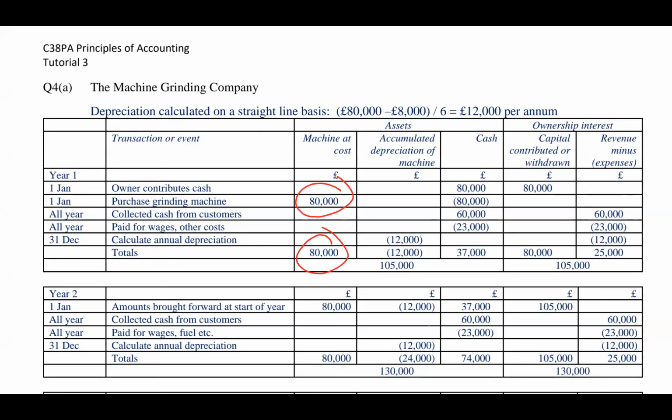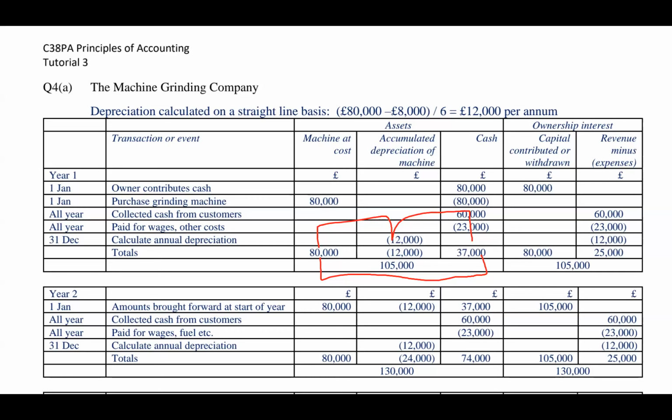On the asset column, you add everything.